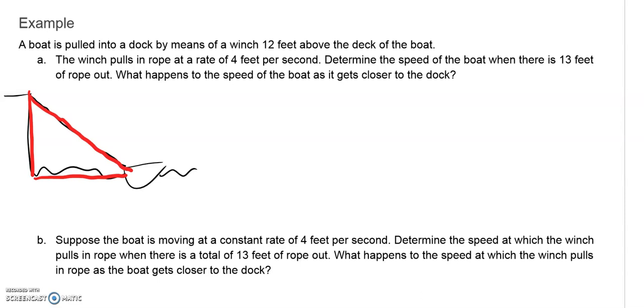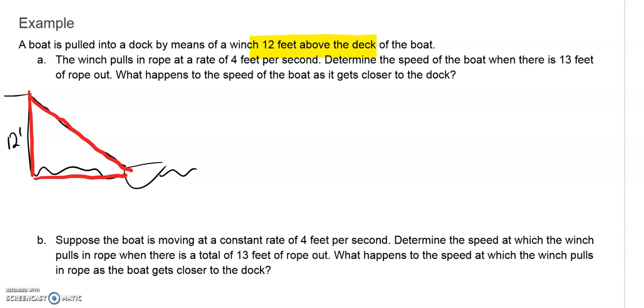Now let's read the rest of the problem. It says the winch, so first of all, the boat's pulled in. So we know that the winch is 12 feet above. So let's go ahead and label that. So the winch pulls in a rope at a rate of 4 feet per second.